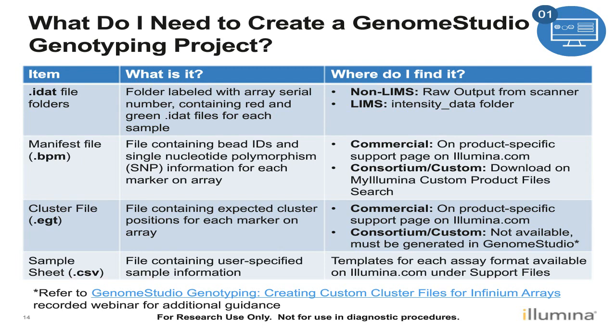However, if you have a consortium or custom BeadChip, you can download the files from the MyIllumina custom product file search. However, there is no cluster file available, so you will have to generate a custom cluster file in GenomeStudio. And finally, for the sample sheet, there are templates available under the support files for the specific BeadChip type, so you can download those templates and work from that.